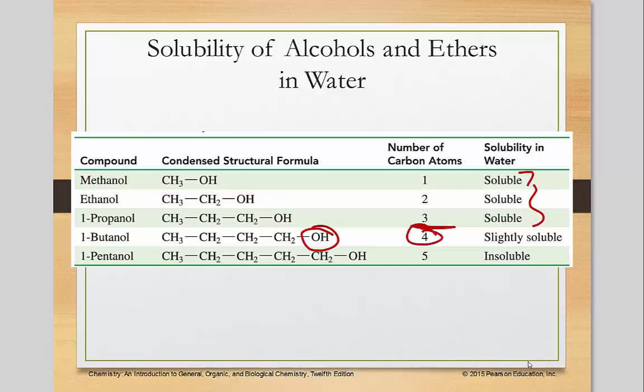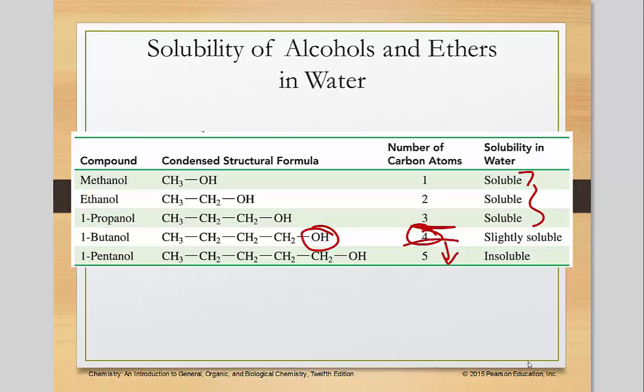And I'll tell you right now, 4 will keep coming up throughout the rest of the semester, because once you get to 4 carbons, it makes a huge impact on solubility. So 4 is slightly soluble, 5 is insoluble, it won't work.